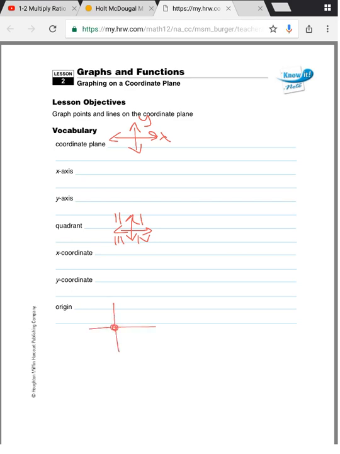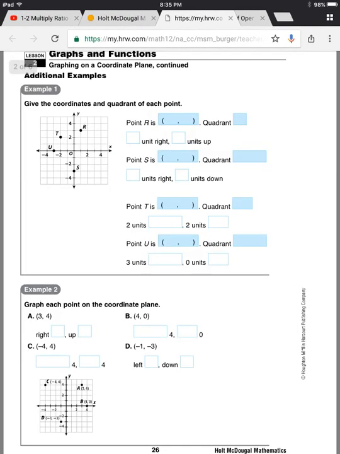So right smack dab in the middle, that is (0, 0), and that is the origin. Okay? So we reviewed those words today because we are going to be graphing pairs and telling which quadrant pairs lie in, as well as giving the ordered pair of a point.